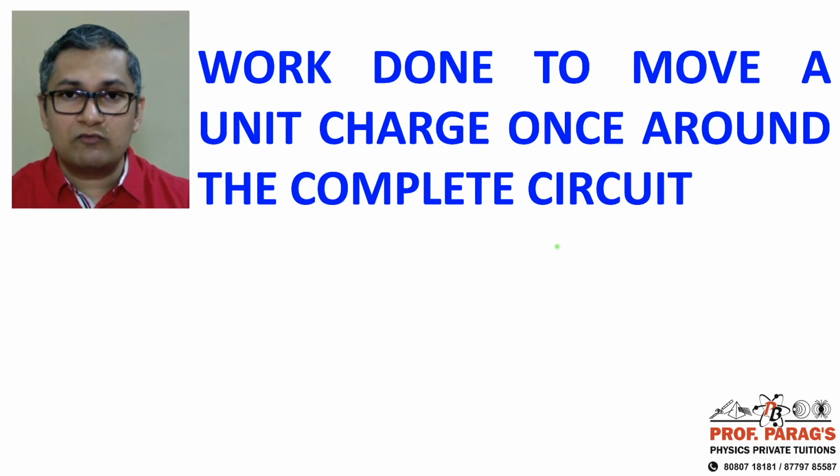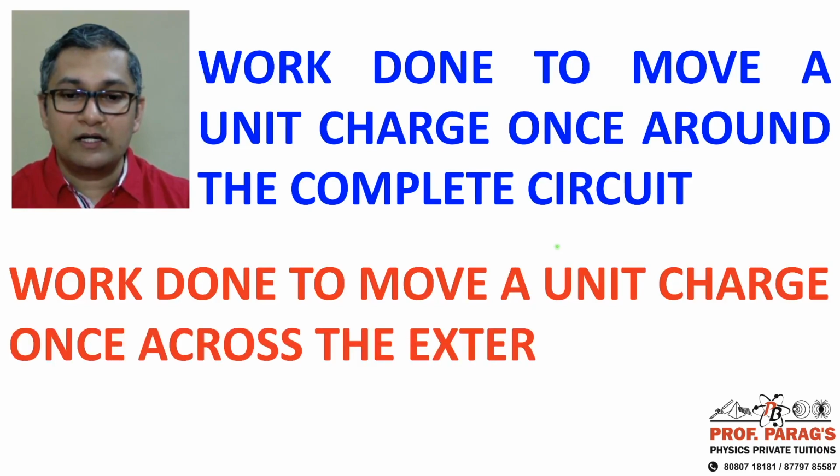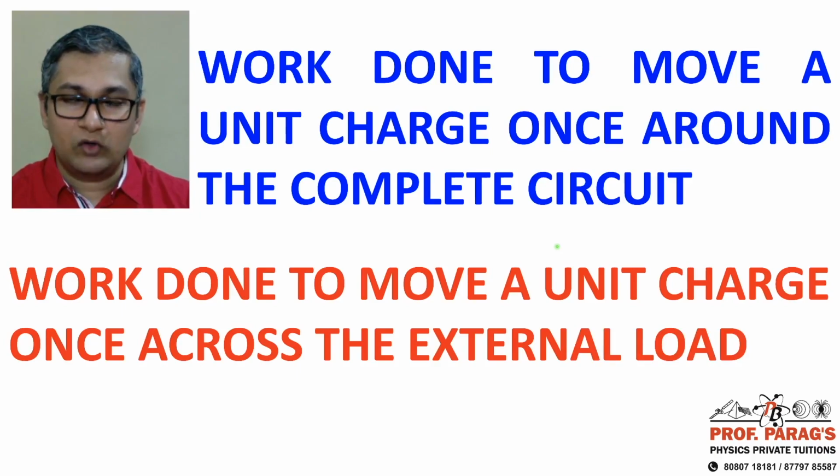That 2 volts is the 1 volt external as well as the 1 volt internal, both. That's why I'm using the words complete circuit. Work done to move a unit charge once around a complete circuit. Whereas the work done to move a unit charge once across the external load only, the capital R, the external resistance, is what is called potential difference.